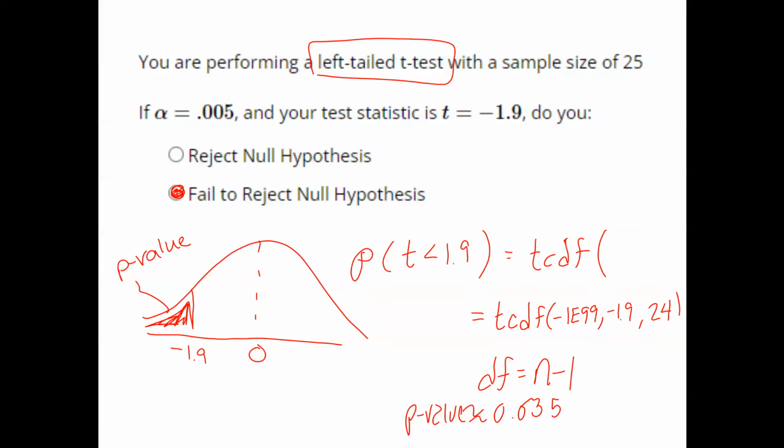You only have 2 choices. Either guess reject or fail to reject. One's right and one's incorrect. So that would be my guess what you did. That's the reason it's fail to reject, because the p-value is greater than alpha.